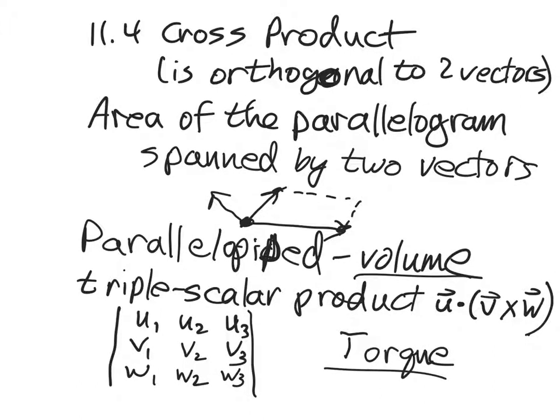So make sure you know how to find the torque of a force applied and find the torque about a certain point, or in physics terms, that would be the moment of a force about a point. So, and again, if you need to write down formula or write down an example or whatever you need to put on that note card or page of notes. So, okay, questions on section 4?